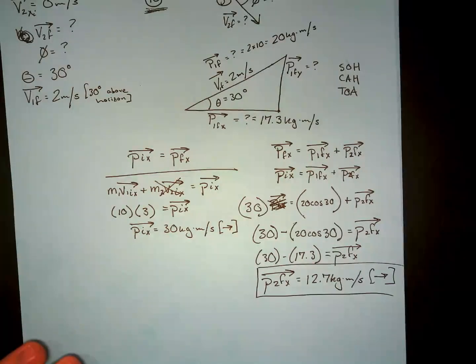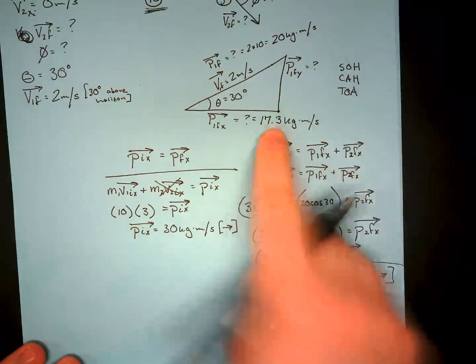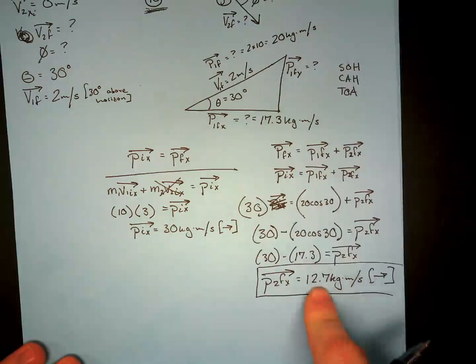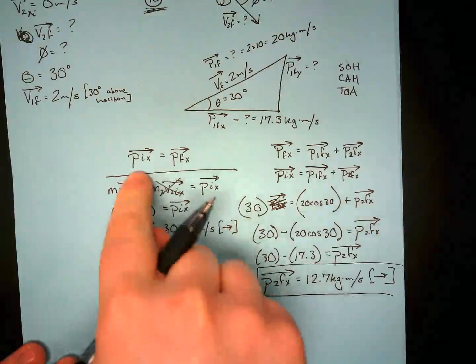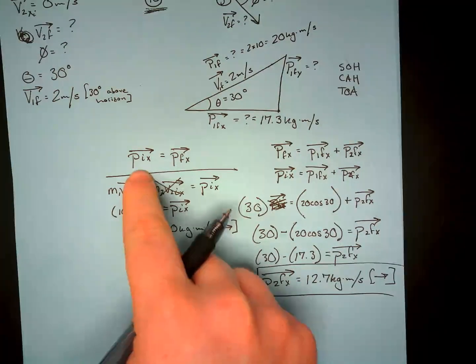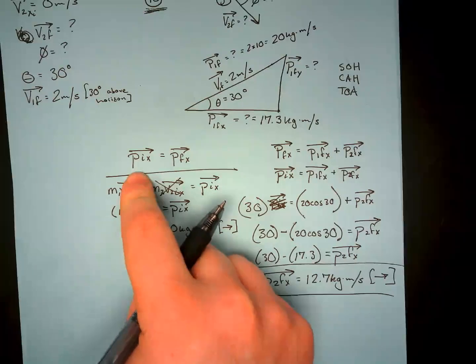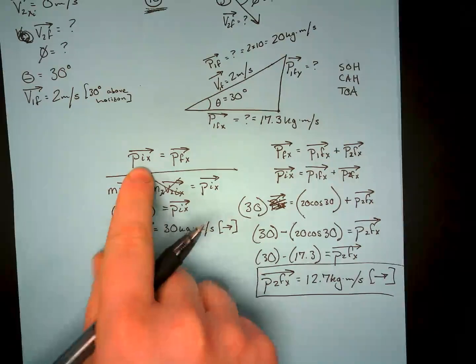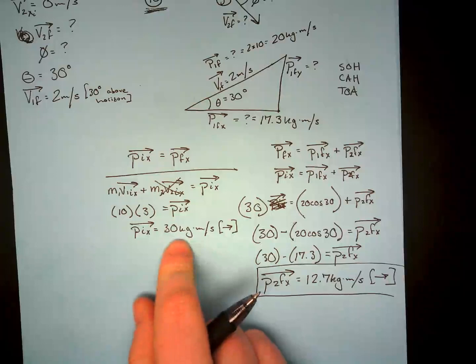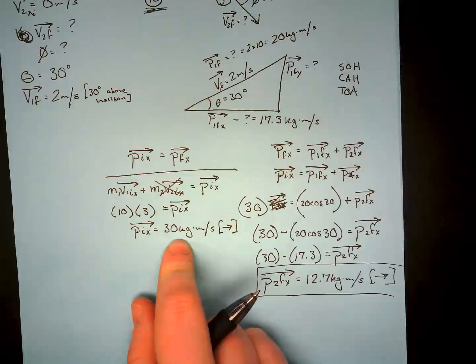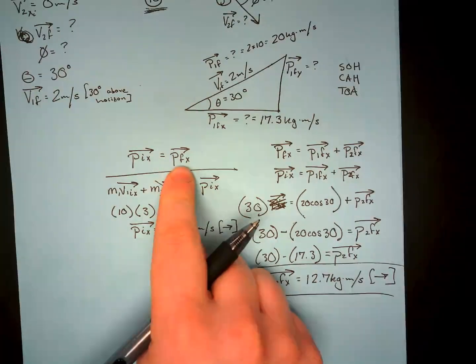Okay. So now we've got this, and we use this in order to find this. Because remember, our initial momentum needs to equal our final momentum. In this case, we're looking at it on the x-axis. So the initial momentum on the x-axis was 30 kilograms meters per second forward. Our final one here has to equal that.